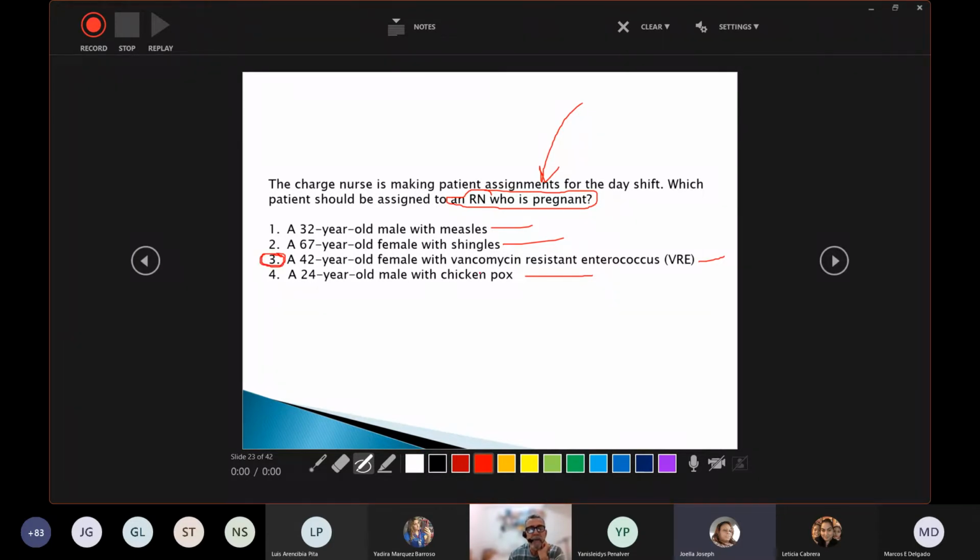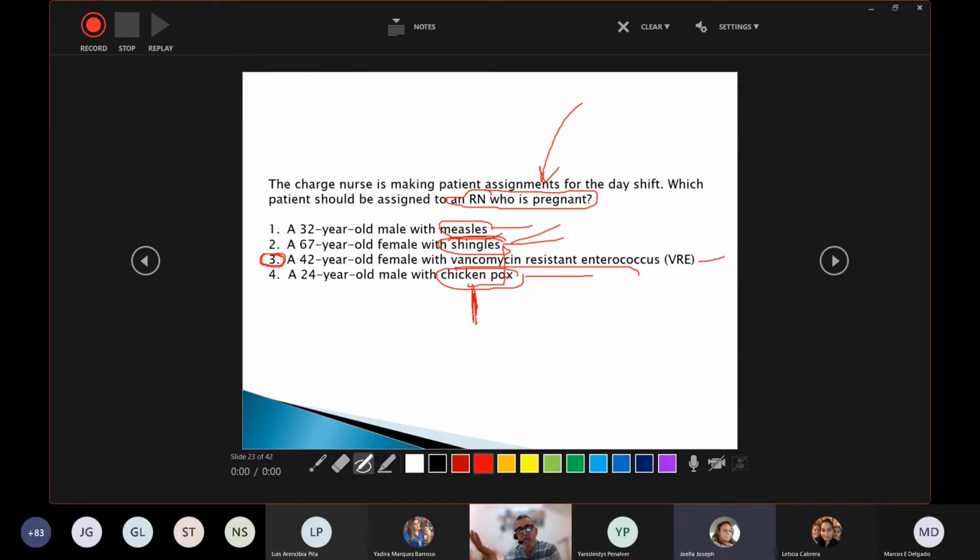This nurse can perfectly control a VRE, with the infection control precautions. Nevertheless, with the others it's much more difficult. There is more risk of catching an airborne or droplet disease. In the case of the shingles, remember that the virus in the shingles is the same as chickenpox. Those viruses can be teratogenic, okay? It's no good to have a pregnant nurse because, you know, accidents can occur.